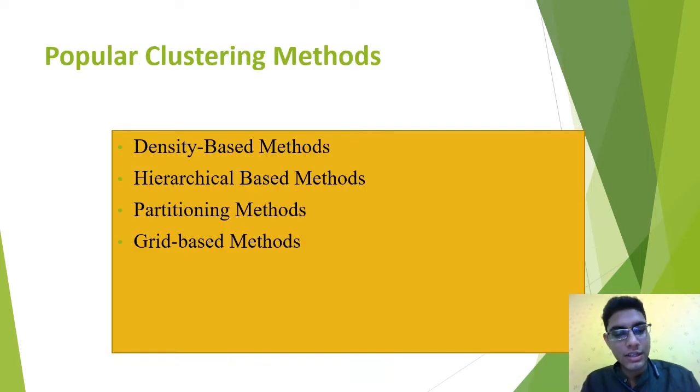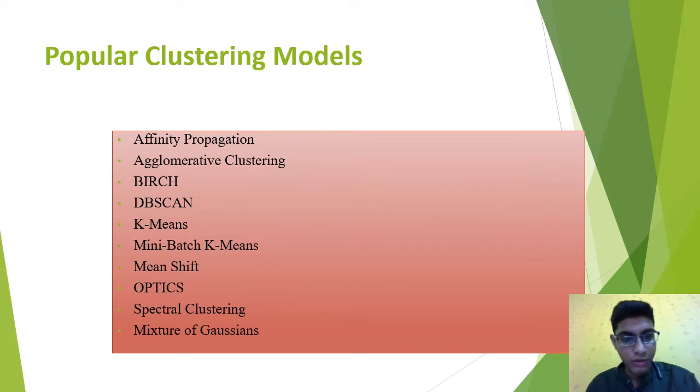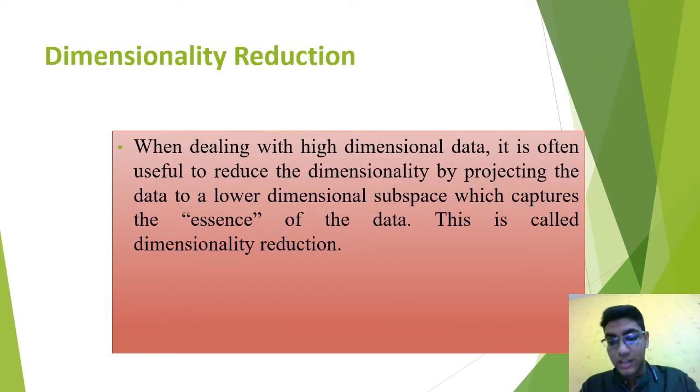First one is density based methods, then hierarchical based methods, partitioning methods, grid based methods. Now coming on to more: affinity propagation, agglomerative clustering, BIRCH, DBSCAN, k-means, mini-batch k-means, mean shift, OPTICS, spectral clustering, mixture of Gaussians.